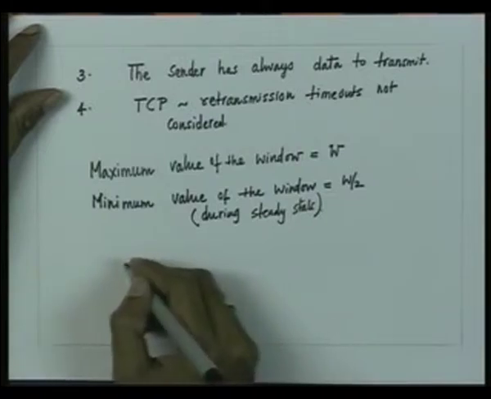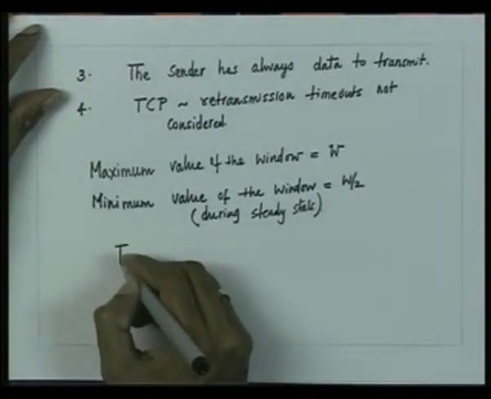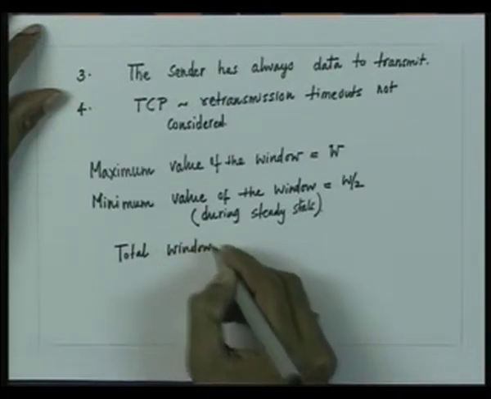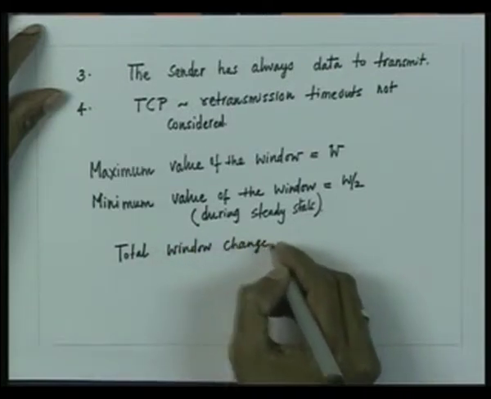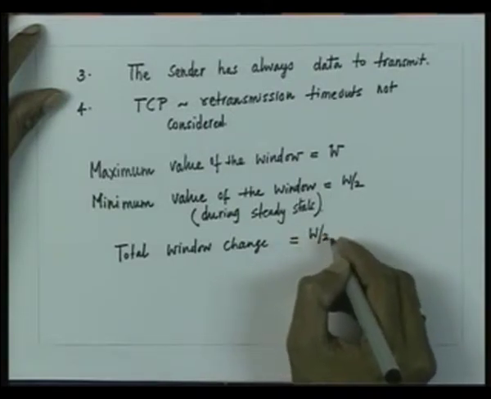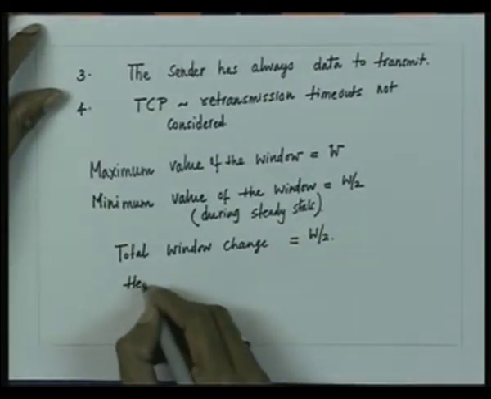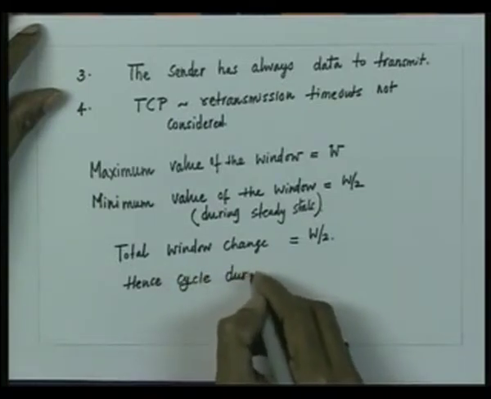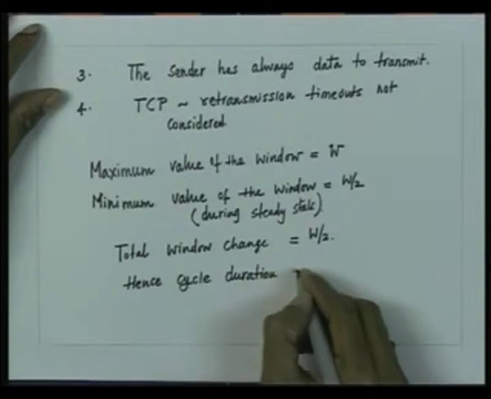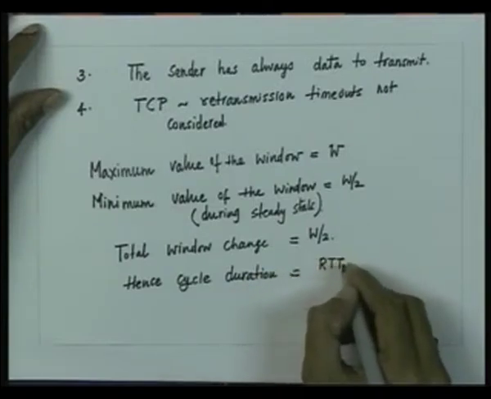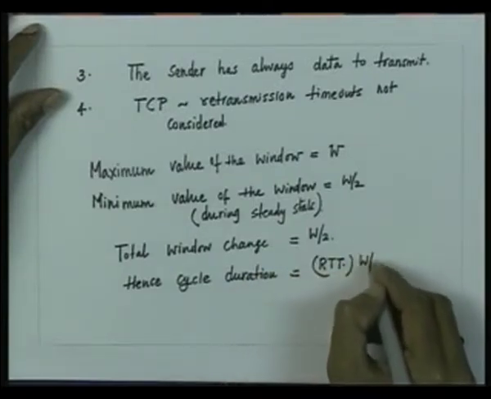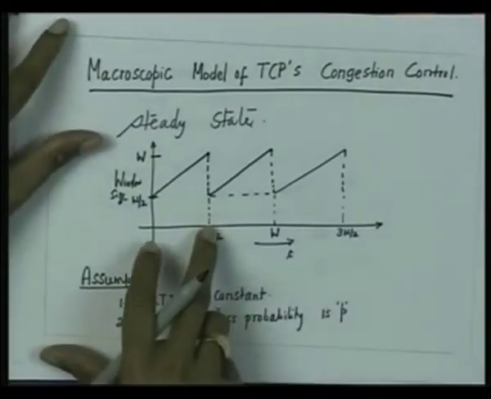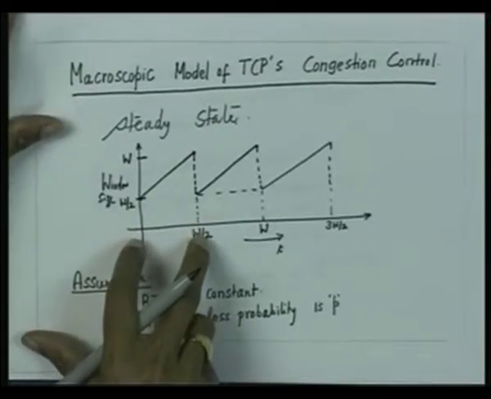So the total change in window is W by 2, and hence the cycle duration will be RTT times W by 2.